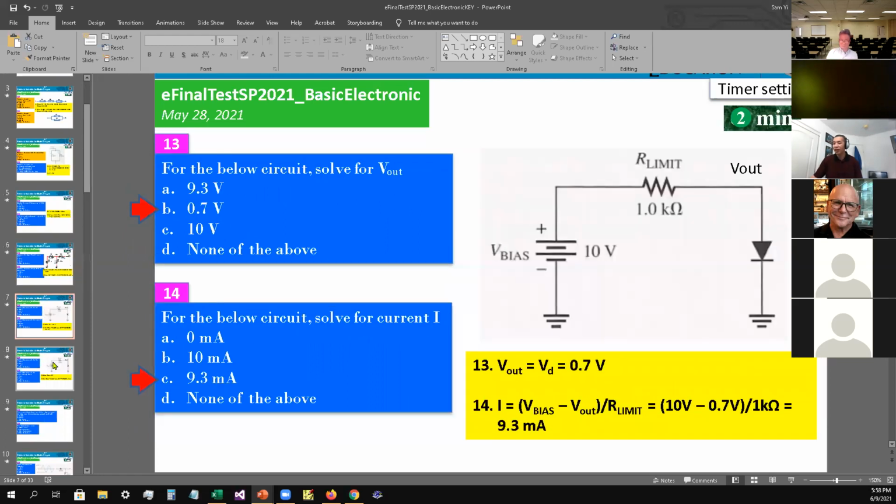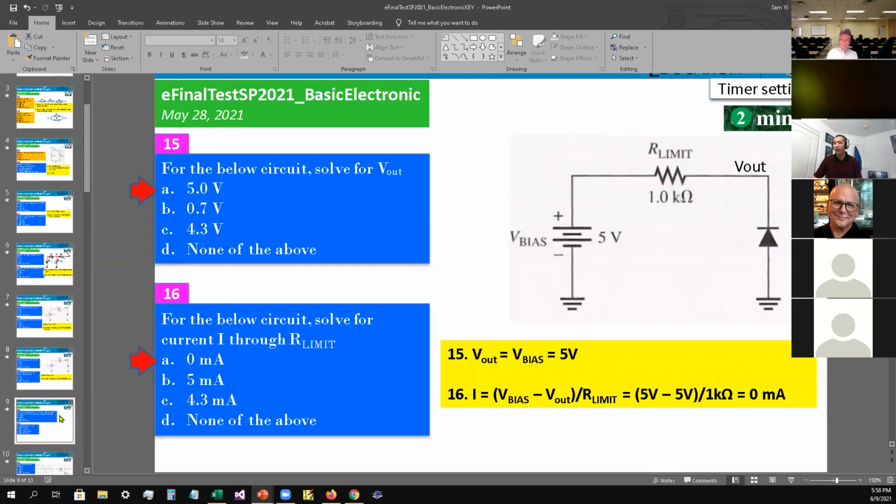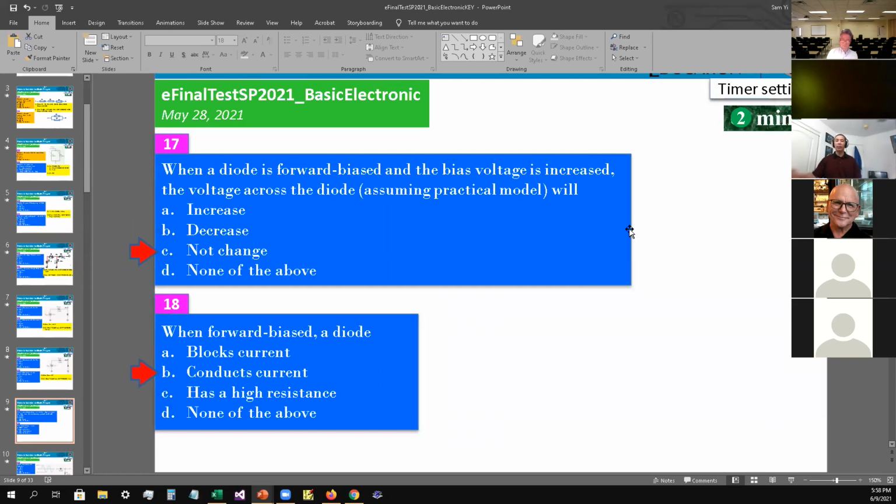No matter what voltage you put in, the VCC, you can put in 10, 20, 30, 50 volts, it doesn't matter. The voltage over the diode is still 0.7. It doesn't change at all.